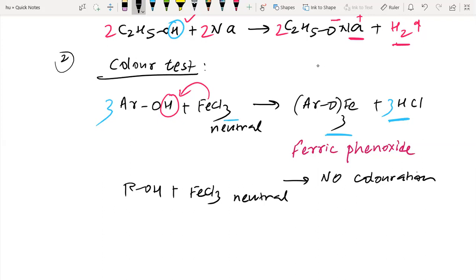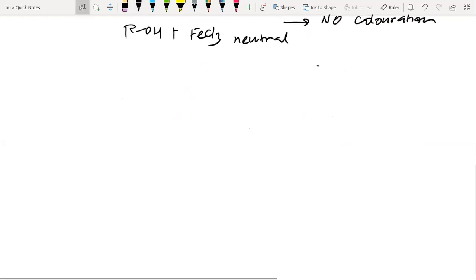And the next reaction, if we go further, for alcohols is the Lucas reagent. The third reaction I will see. Generally, I can say we can distinguish between alcohols with the help of Lucas reagent.